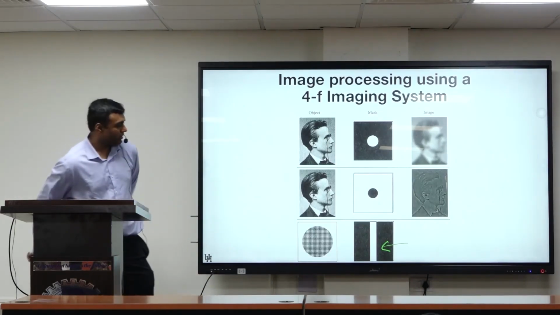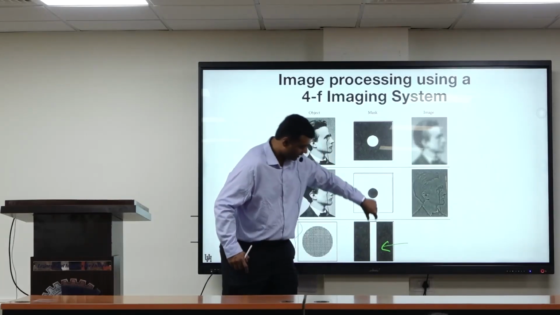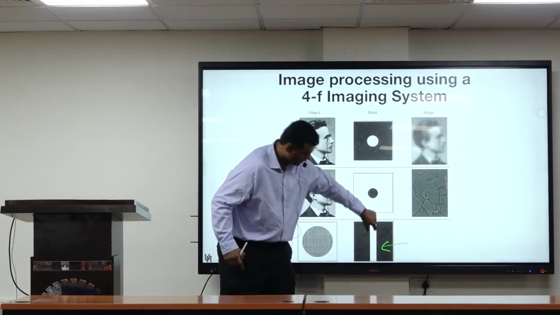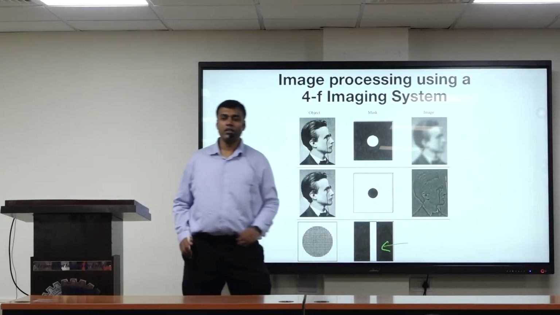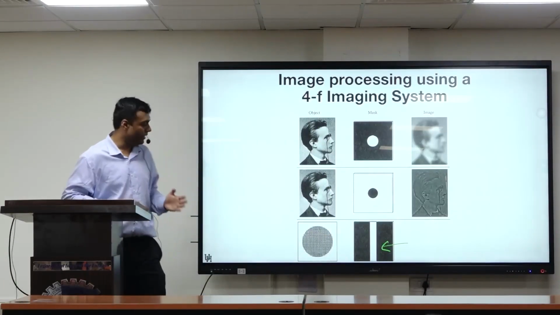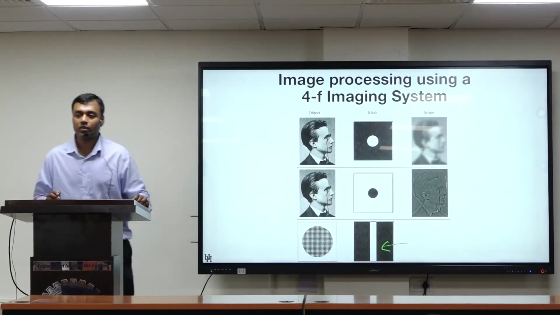This is like a slit of some sort, right? It's letting all these Fourier coefficients this way through. It's blocking some here and here. So intuitively, if you give it an object, what is it doing to the object?